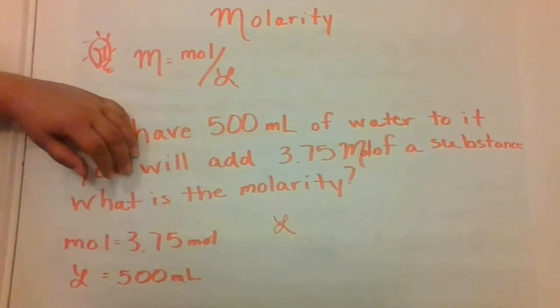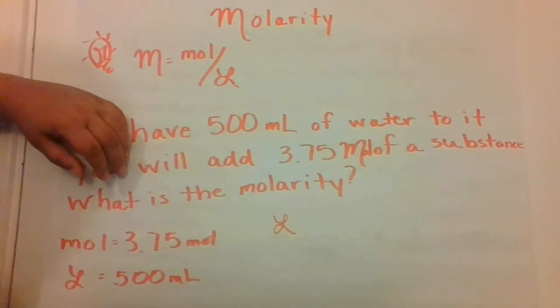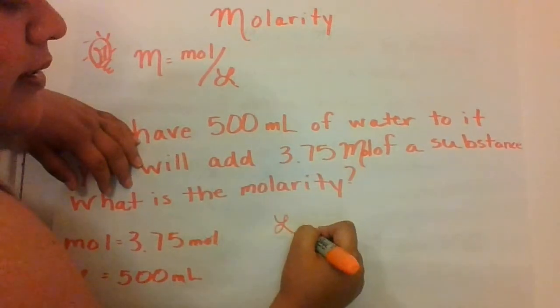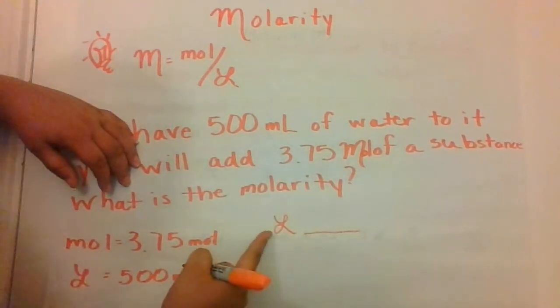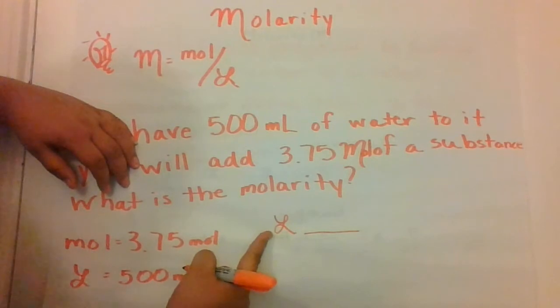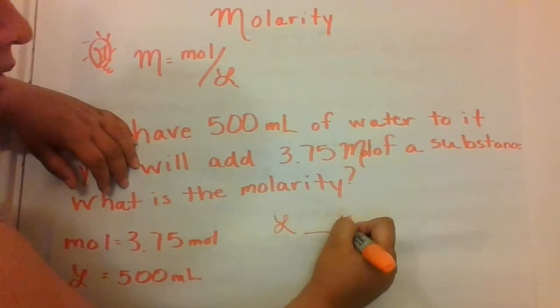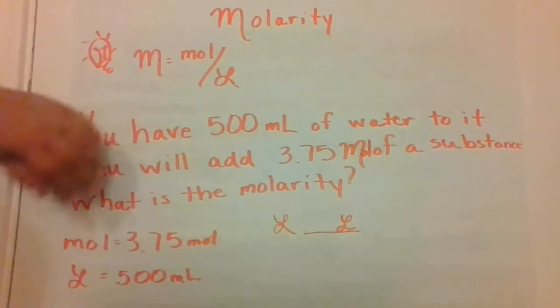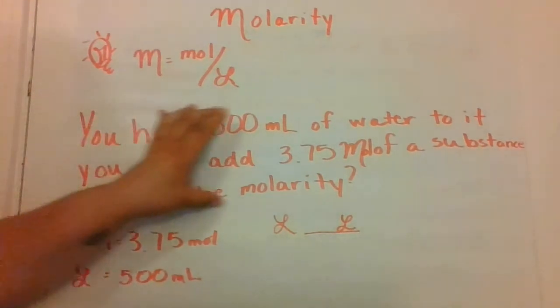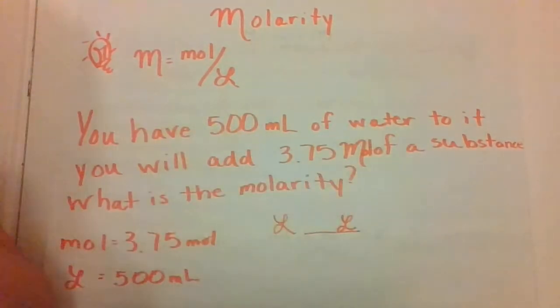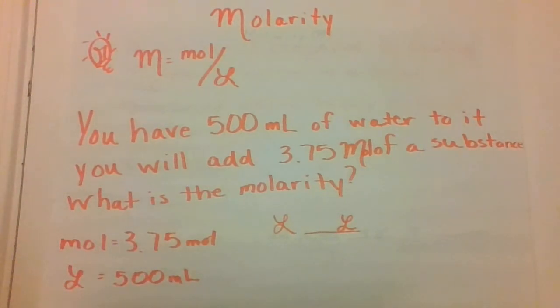So we want liters out of this volume. Whatever unit is on the left of our problem is going to go here. And what do we have? Do we have any liters provided to us in the problem? I'm sure if you could answer me, you'd tell me, Erica, there are no liters.